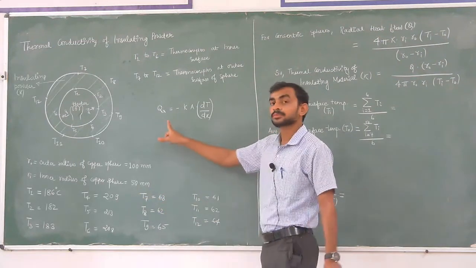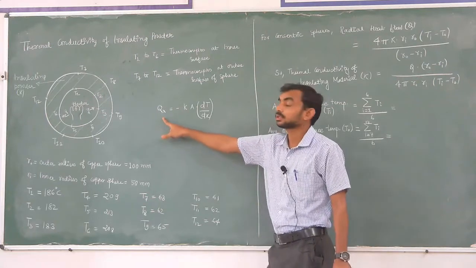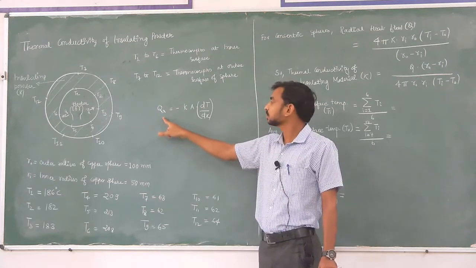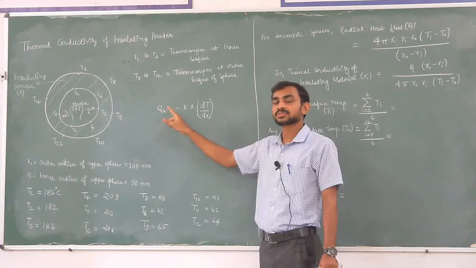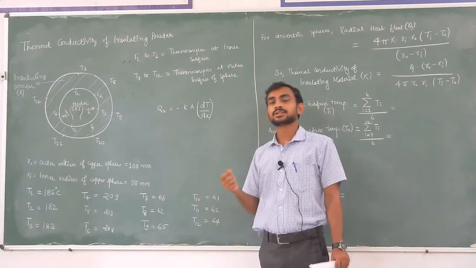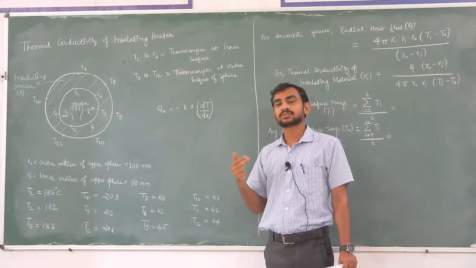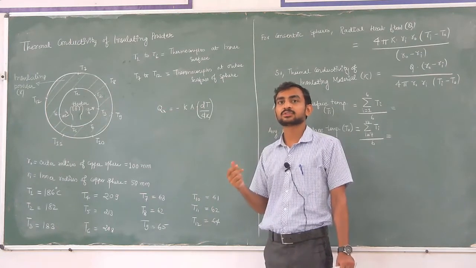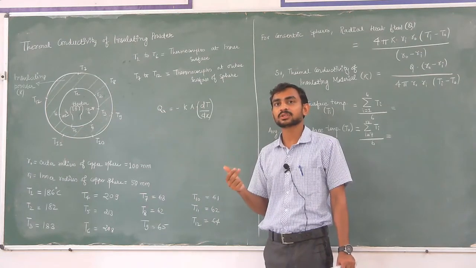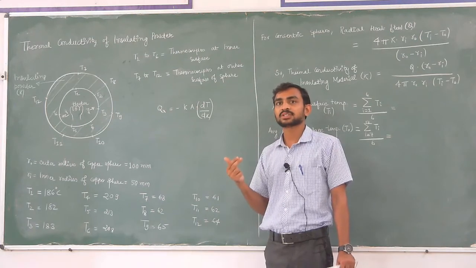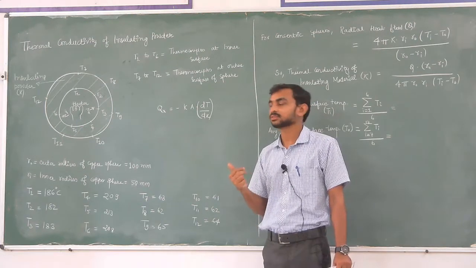As you know, this is the Fourier law of heat conduction, which basically states that heat transfer through any surface is directly proportional to the area of heat transfer and the temperature gradient across the surface.